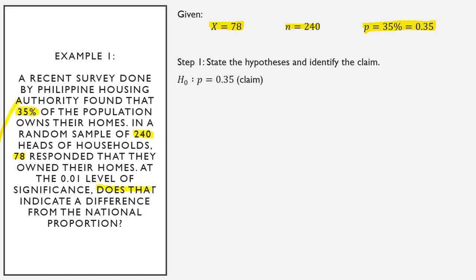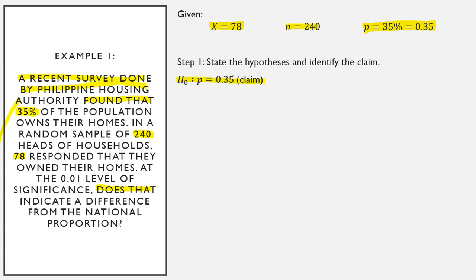Pero yung kiniklaim natin is, ito po, yung sinabi po dito na a recent survey done by the Philippine Housing Authority found that 35% daw po ng population owns their home. So yan po yung kiniklaim natin. So ibig sabihin, siya po yung magiging claim natin yung null hypothesis.